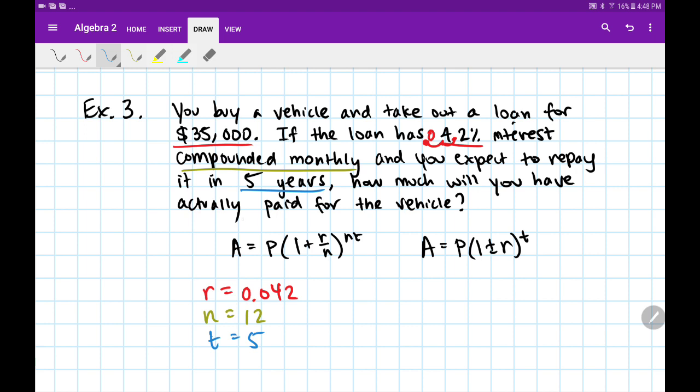How much will you have actually paid for the vehicle? So if I took out a loan for $35,000, but then I have to pay interest on that loan, then at the end of the 5 years, I'm actually going to pay back that $35,000 initial amount plus all the interest. So this $35,000 is the initial. And the amount I'm trying to answer is the final amount.